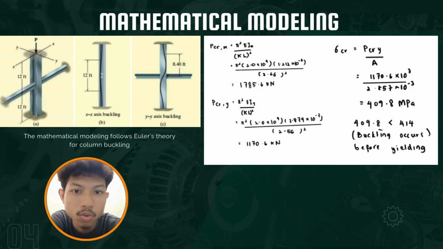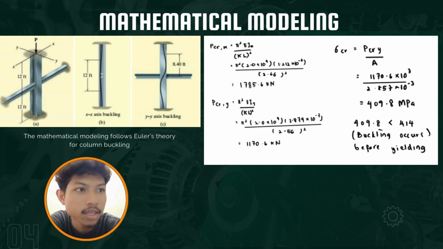That's how to find the critical load for each axis, so we need to find it for the x-axis and y-axis. Next, we use the formula sigma CR equal to PCR over A. This formula is used to find the stress for the critical load.